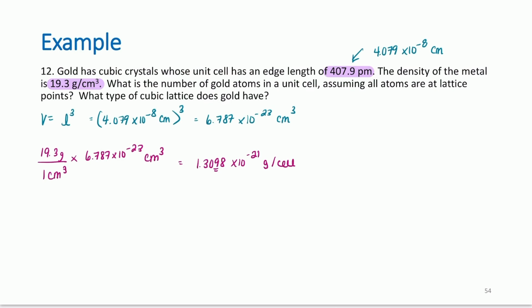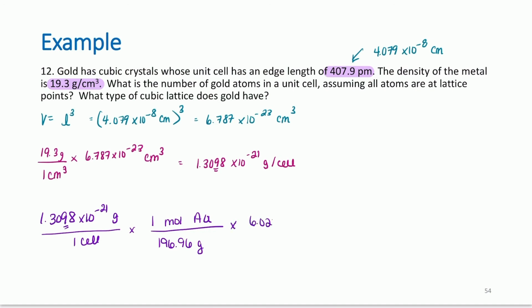Now I'm going to kind of do the math backwards from what we've done before. I know that I have 1.3098 times 10 to the minus 21 grams per 1 cell. I know that 1 mole of gold weighs 196.96 grams.